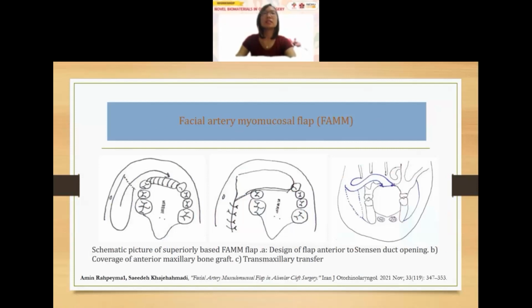And the last technique is the facial artery myomucosal flap.